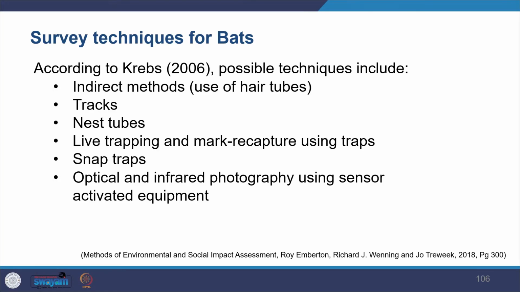There are certain more techniques which are given. There are indirect methods. You can find the list here, like hair tubes and so on. And then you can use tracks, nest tubes, live trapping, snap traps. Then you can have optical and infrared photography using sensor activated equipment. So all of that you can use.